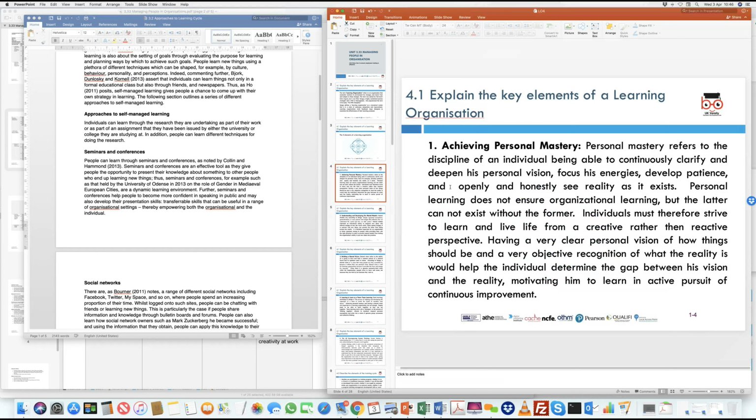So when we refer to personal mastery, what it basically reflects is that this is learning which happens at the individual level. Because if you're given a responsibility, like if you enter invoices in the office and you work within the accounts department, it is down to you to master the use of the accountancy software or any sort of software which the company uses. And to a certain extent, the company will provide you training when you join the role.